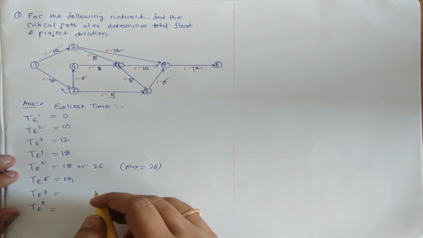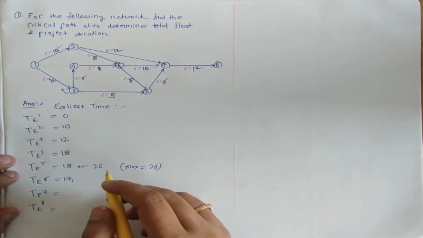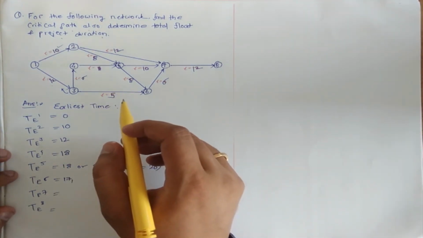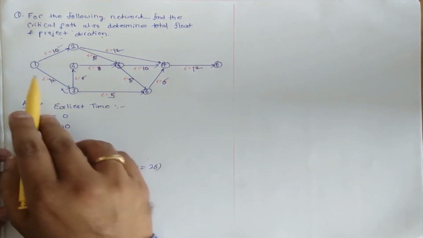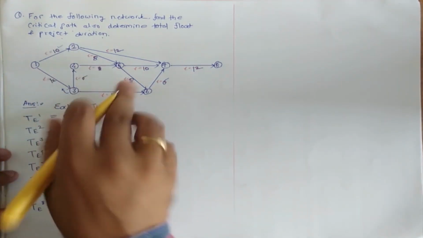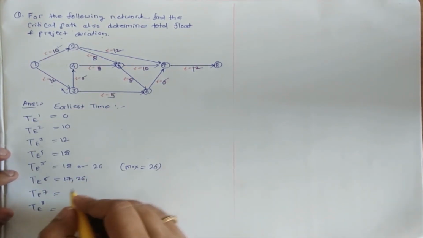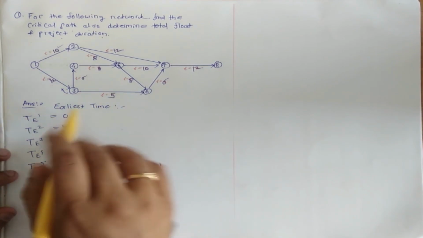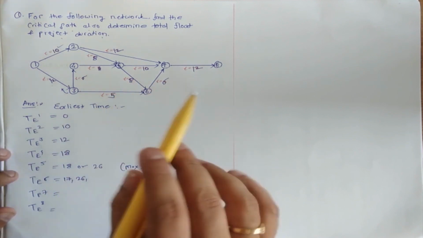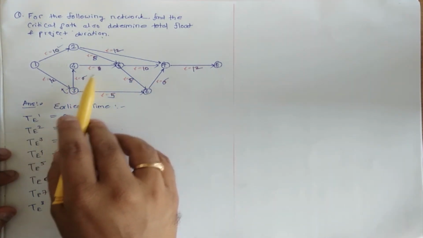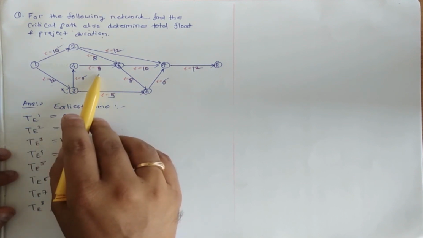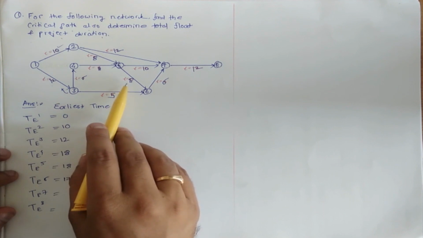Then again to reach 6, 10 plus 8, 18, plus 8, 26. Then again to reach 6, 12 plus 6, 18, plus 8, 26, plus 8, 34.